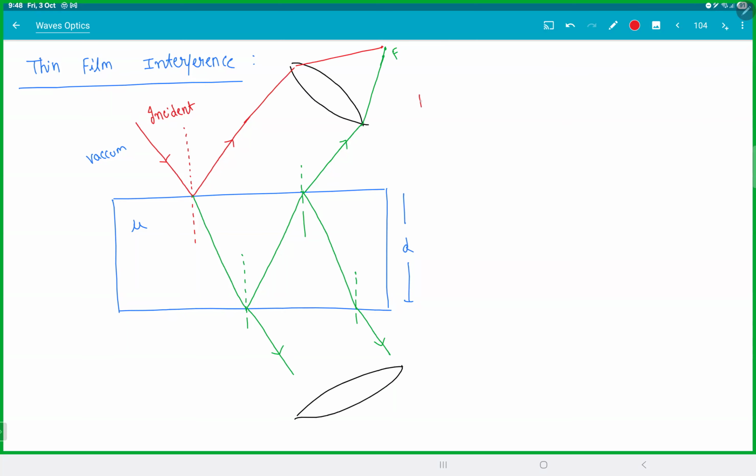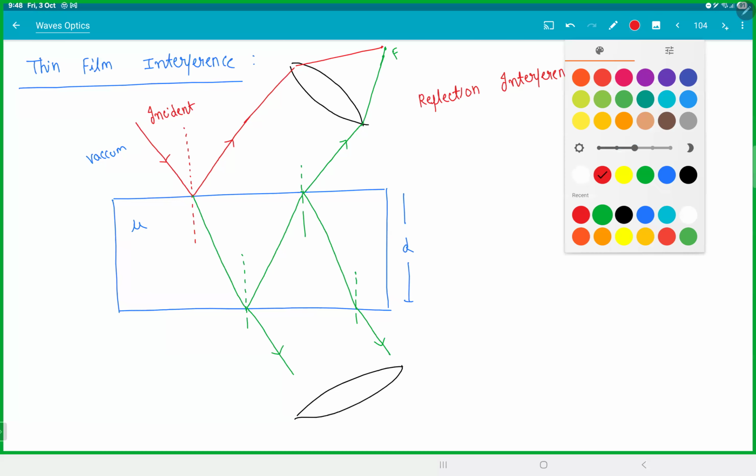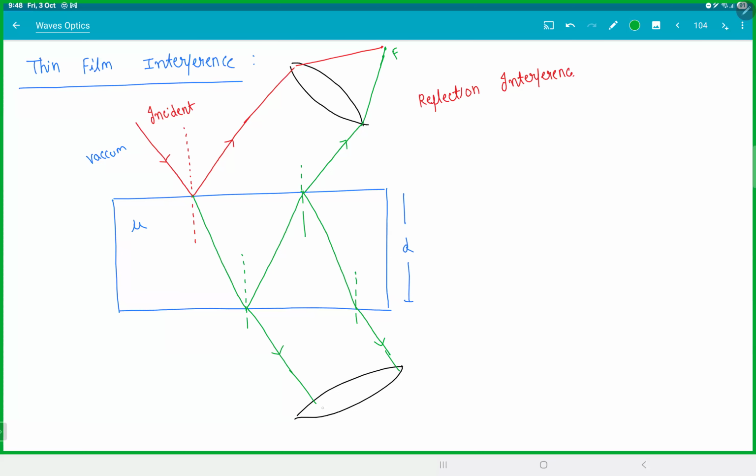This is called reflection interference because this is happening due to the reflected ray. This is called refraction interference. This is because of the refracted ray. So when you hit this with a light ray, there will be an interference on both the sides of the slab.